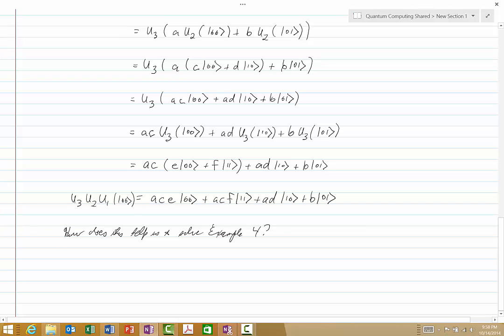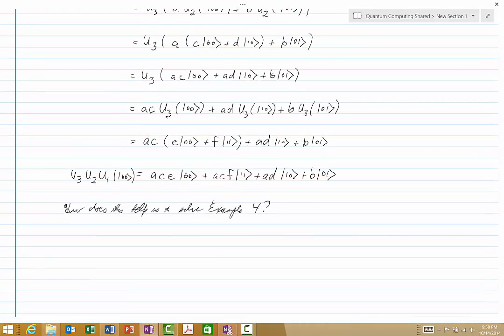It's obvious how it helps us to solve example 4, because remember, as we stated above, in example 4 we have U, and again I've dropped the subscript of 4 here.